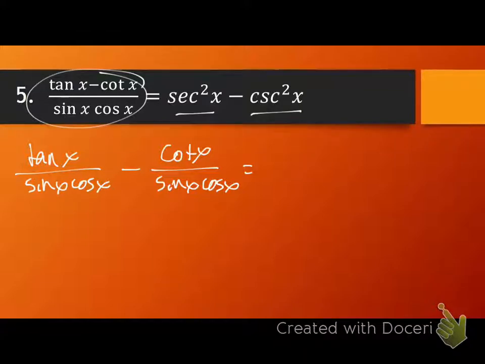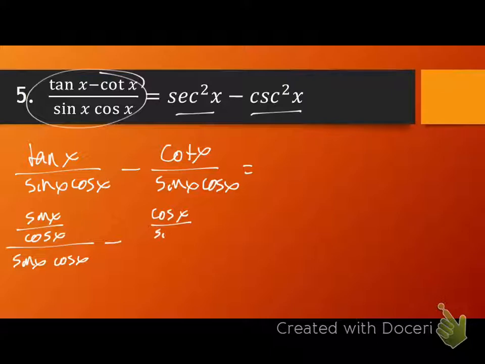Okay? Now, I can rewrite tangent as sine x over cosine x all over sine x cosine x minus, this is cosine x over sine x all over sine x cosine x.